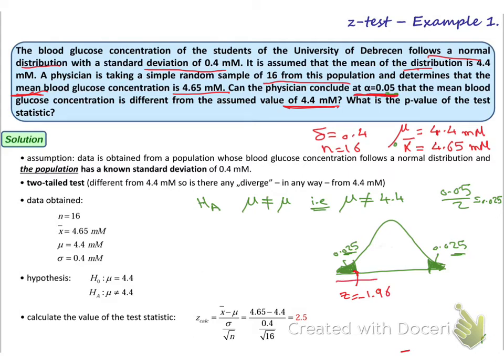So if we go all the way up to here, it will be 1 minus 0.025, which will be equal to 0.975.